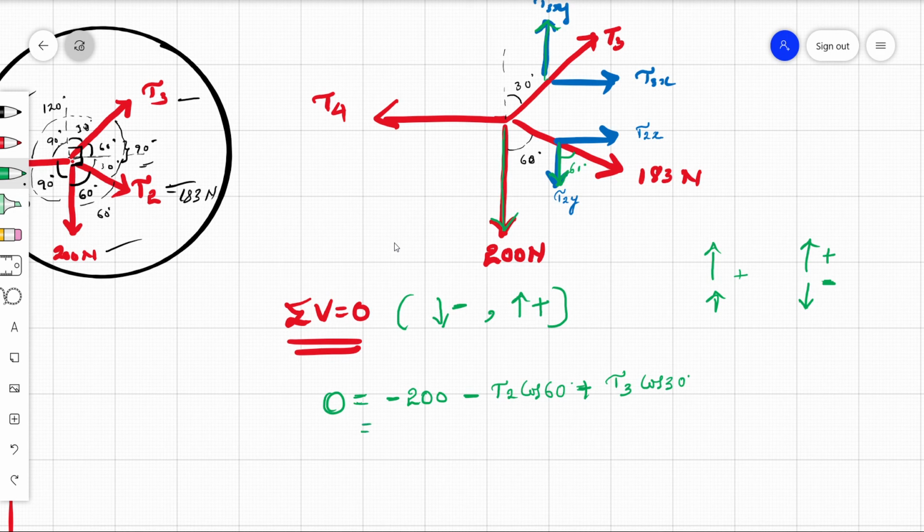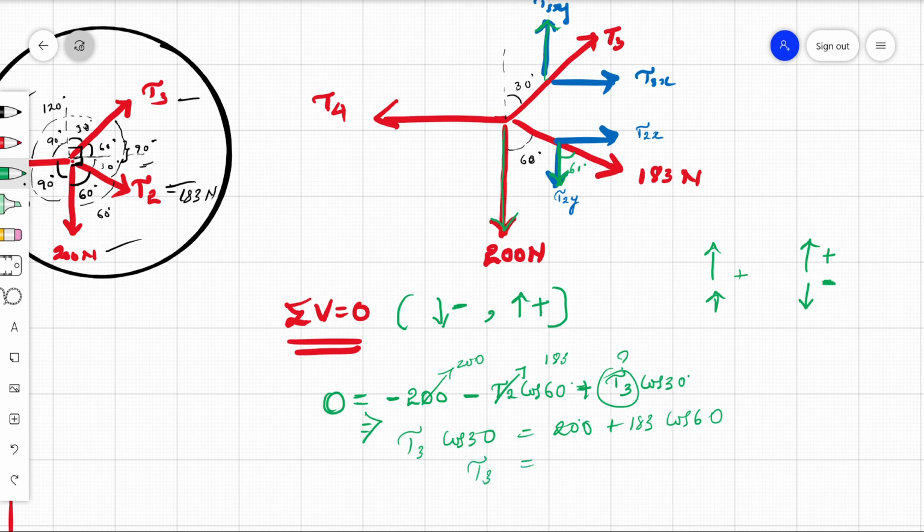So we know the value of T2, that is 183. We know 200, this is also known, and what we don't know is T3 only. So T3 cos 30 is equal to, if I keep all the other side, 200 plus 183 cos 60.